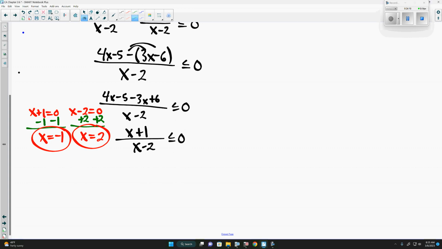And these would be our 2 key points, which the graphing calculator really told us. Because at 2, it told us it was undefined, because again, the denominator would be 0. That doesn't work. And at -1, we indeed have 0.